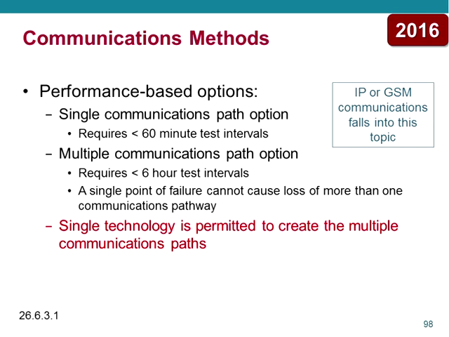Communications methods, there's a change here that basically allows multiple communications pathways in a transmission arrangement. The second bullet under multiple pathways is right here. This is new for 2016. A single point of failure cannot cause loss of more than one communications pathway. So I always have one pathway as a minimum if I'm using multiple pathway option.